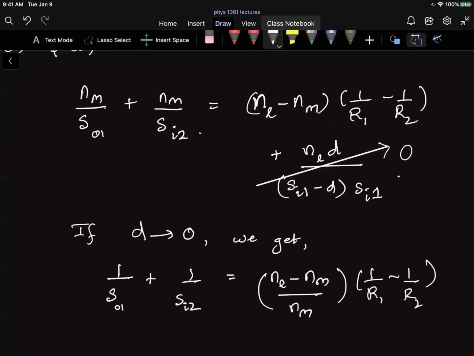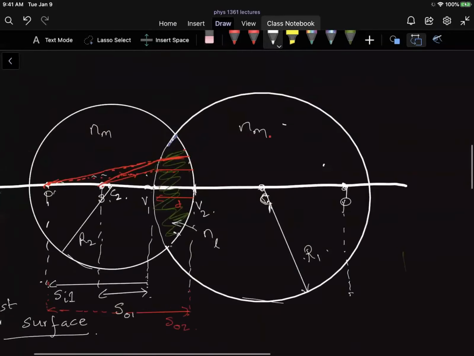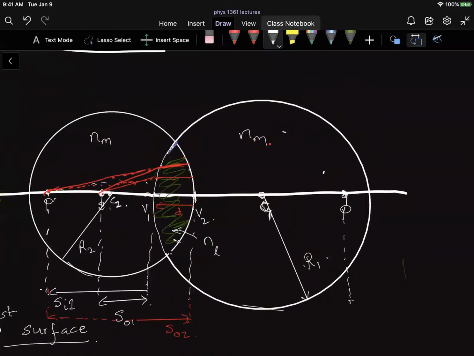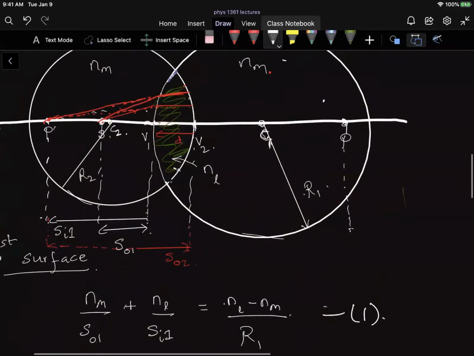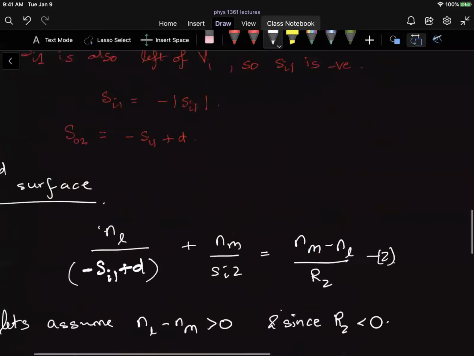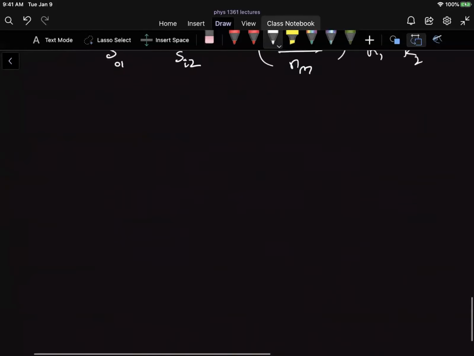And notice that in the thin lens limit, if D becomes very small or negligible, then V1 and V2 coincide, which means that S_O1 we can just replace by S_O, and S_I2, which I didn't draw over here, but hopefully it's clear. Since V1 and V2 coincide, there's no point in distinguishing between surface 1 and 2 anymore.